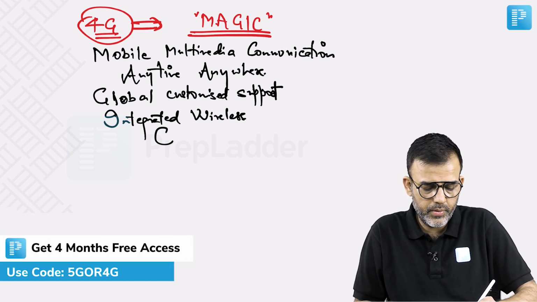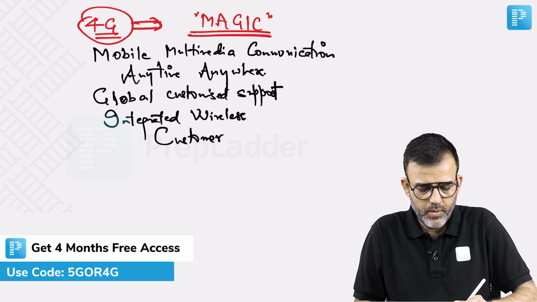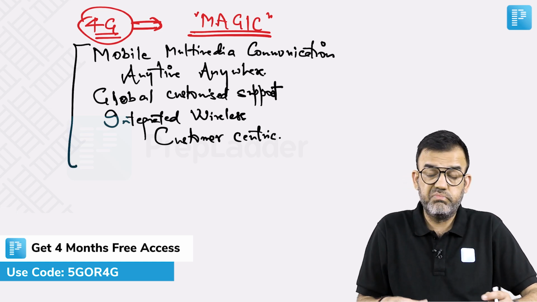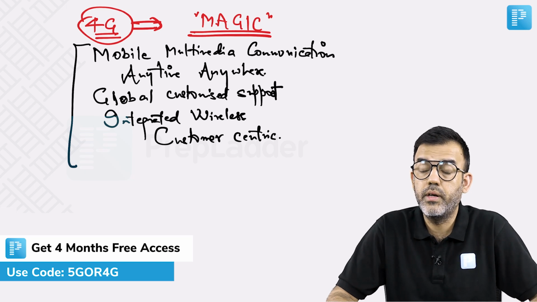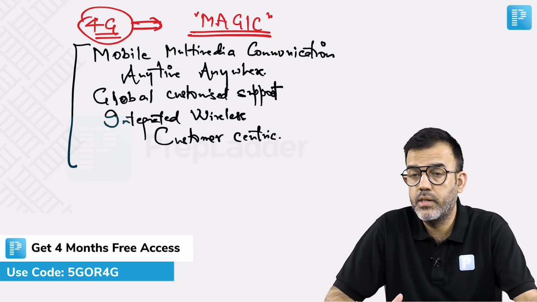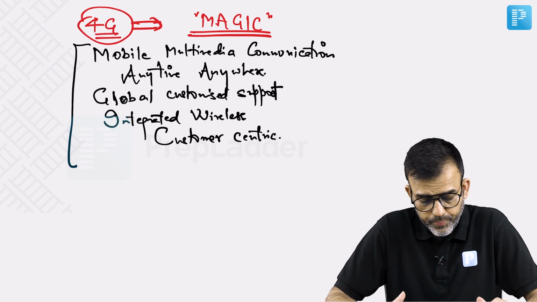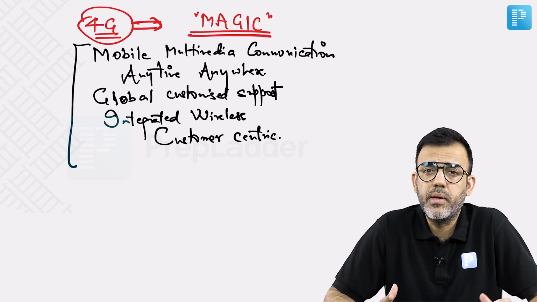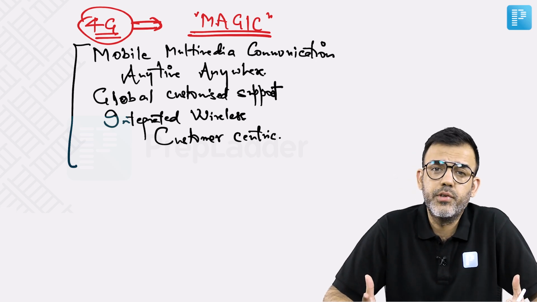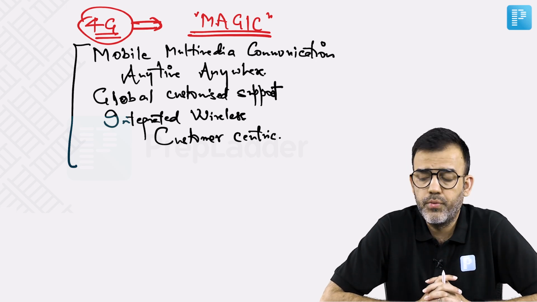And C stands for being customer centric, that means a tailor-made solution. Every client, every customer has their own requirement, and MAGIC is there to support the needs of the consumer. So: mobile multimedia, anytime, anywhere, global mobiles, global customized support, integrated wireless, and customer-centric telephone services.